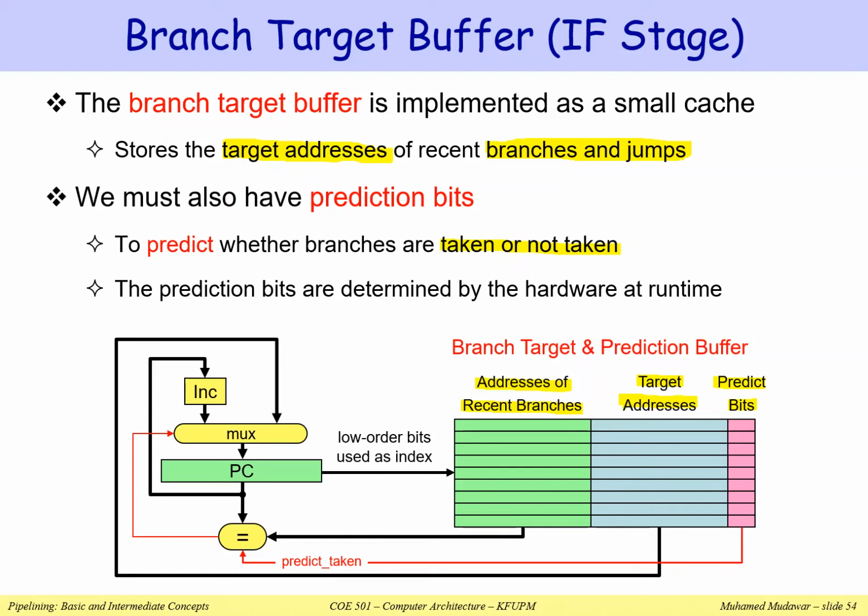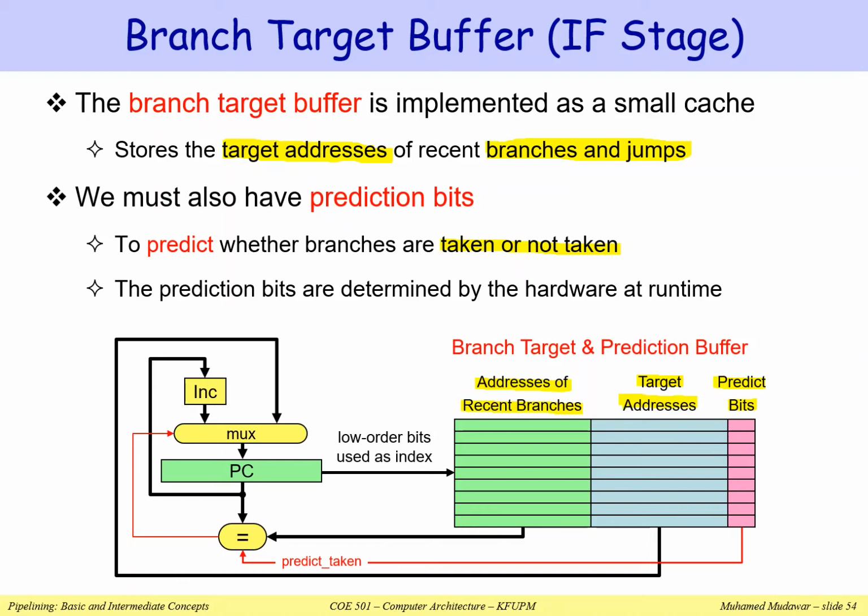Now, what will happen is that the content of this branch target buffer is filled dynamically at runtime, because it's a small cache needed for branch prediction that will store the target address as well as the prediction bits.